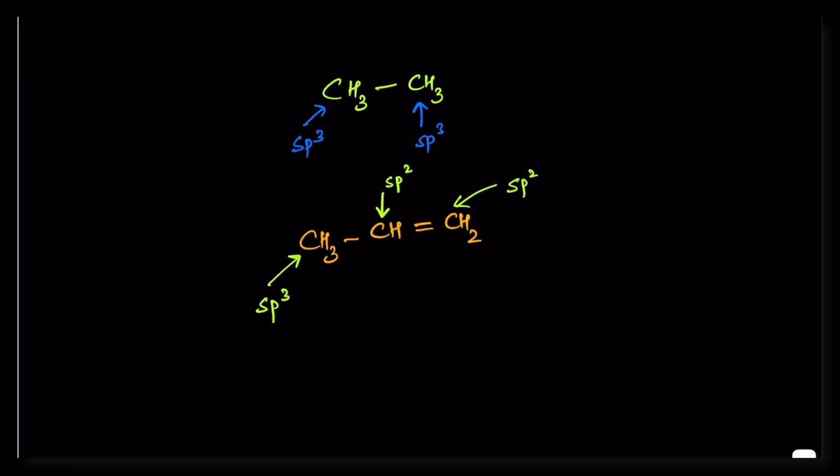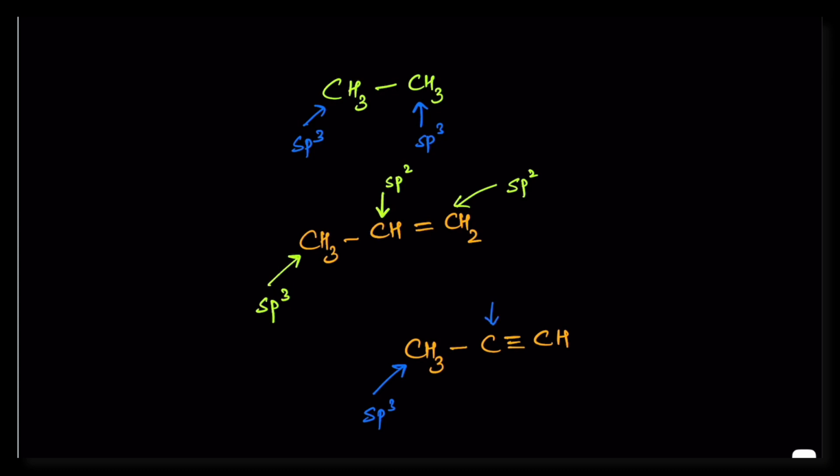Easy, right? What if we have CH3, C triple bond, CH? In this case, again, the leftmost carbon atom has no pi bonds, so that is sp3.